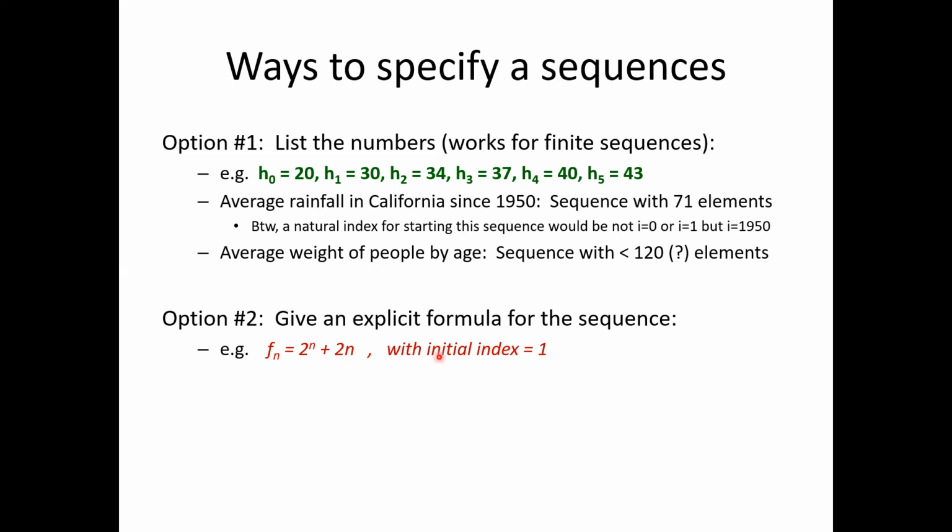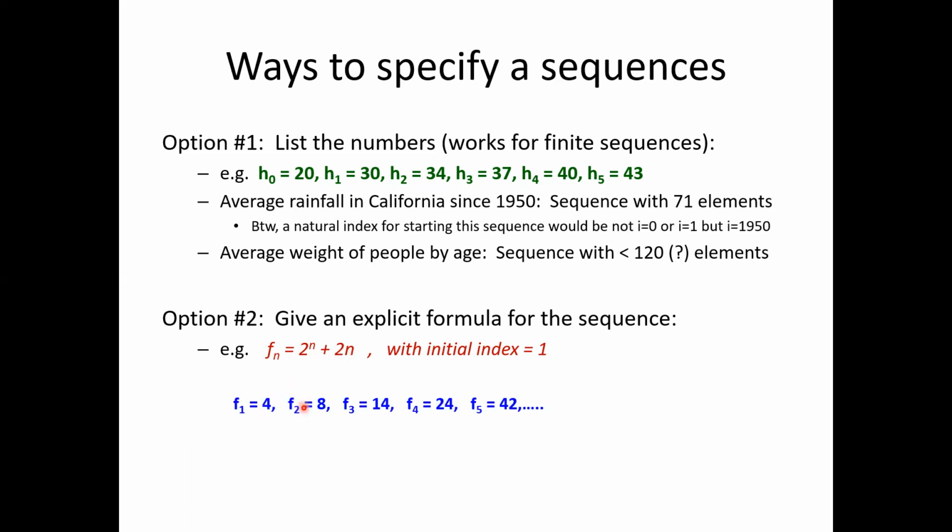And let's say that the initial index is 1. This defines an infinite sequence. The first element has index n equal 1, so it is f1, and we use this formula to compute its value. 2 to the 1 plus 2, that's 4.